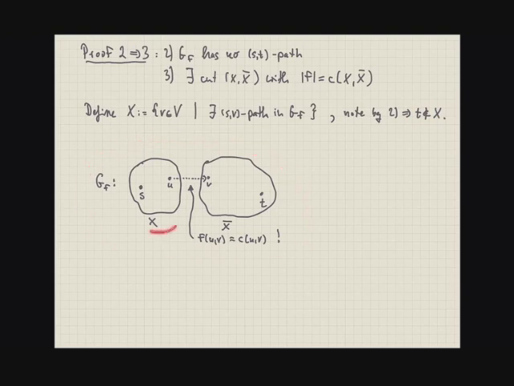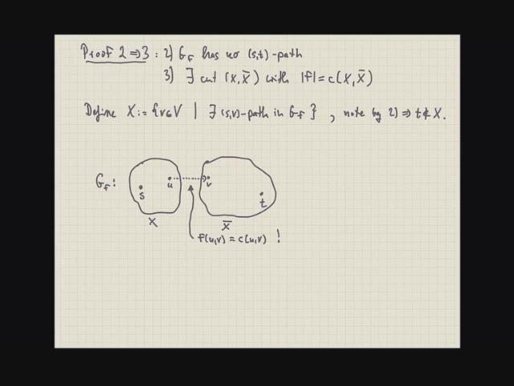We have the set X on the left-hand side, which includes the source node and all the nodes that are reachable from S. And there is some right-hand side here which contains the target node at least, right? So that is all the vertices which are not reachable from S in the corresponding residual graph with respect to flow F.